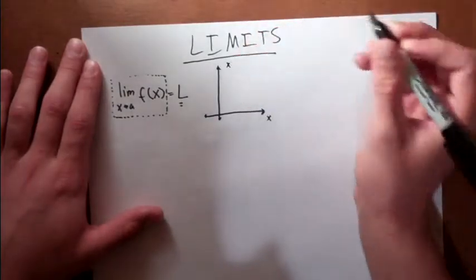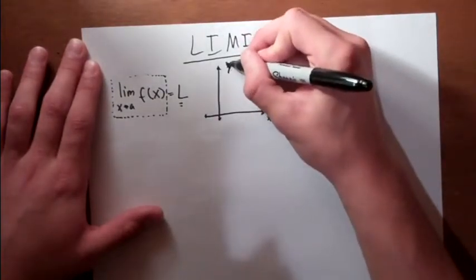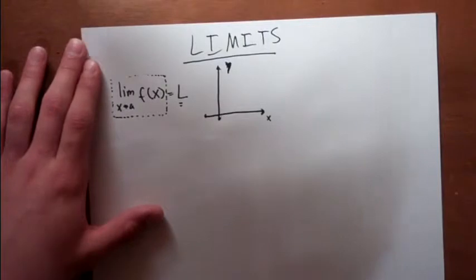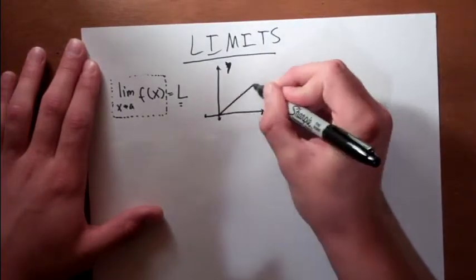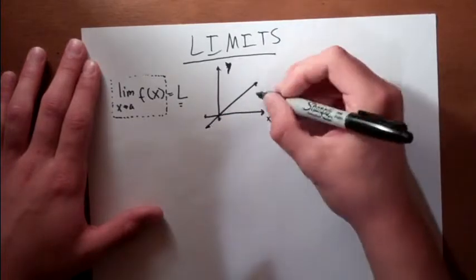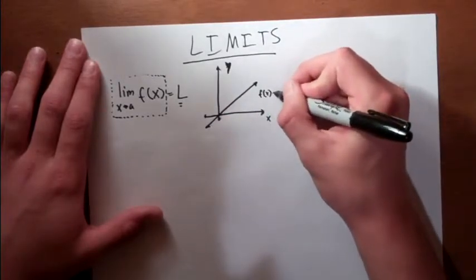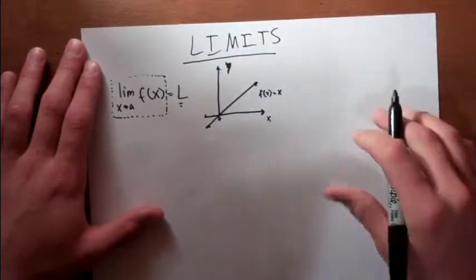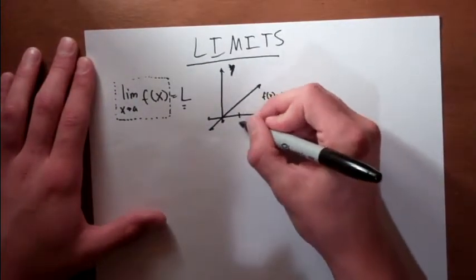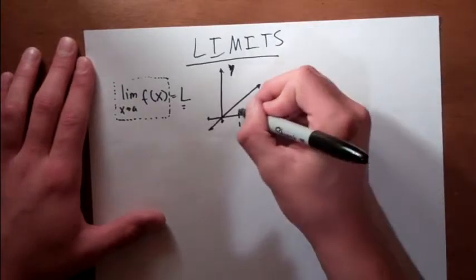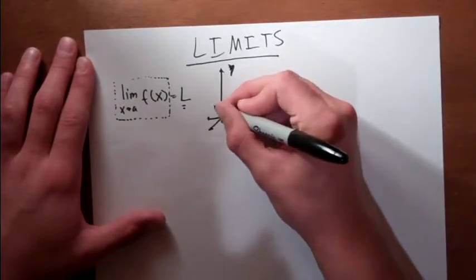Okay, I have my little graph right here. This is y, or f of x, whatever you want to call it. And this is going to be my graph, f of x equals x. So let's say I have this point, x equals 1 right here, and obviously y equals 1.